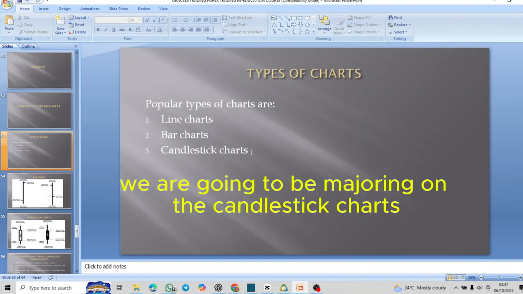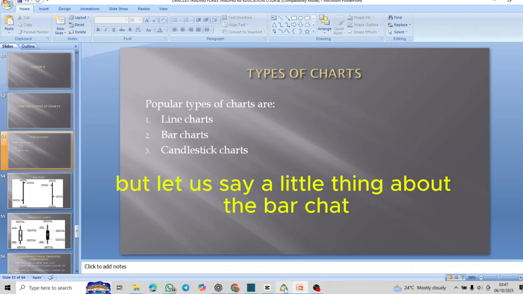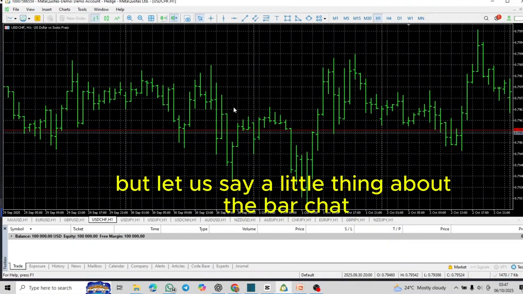We are going to be measuring on the candlestick charts, but let us say a little thing about the bar chart.